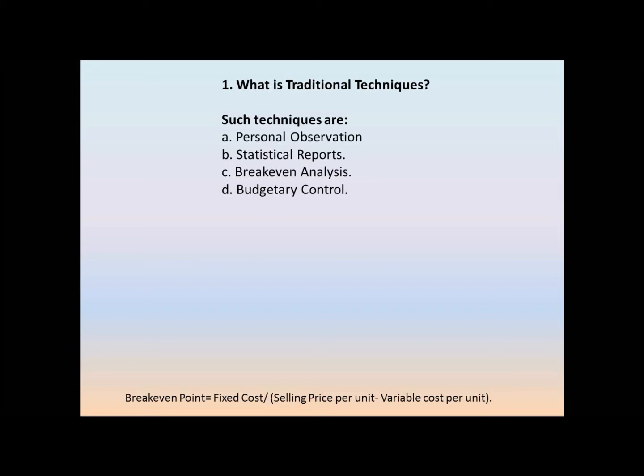C. Break-even analysis. The technique used by managers to study the relationship between sales volume, cost and profit is known as break-even analysis. This technique helps the manager in estimating profit at different levels of activity. The following figure shows the break-even chart of a firm.